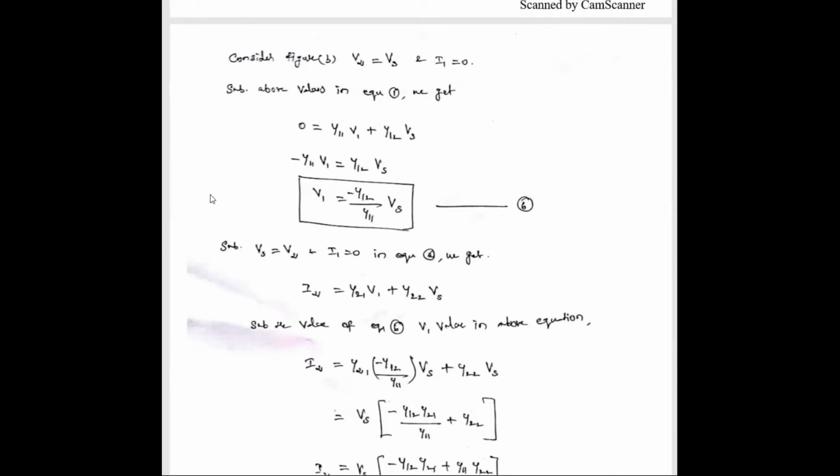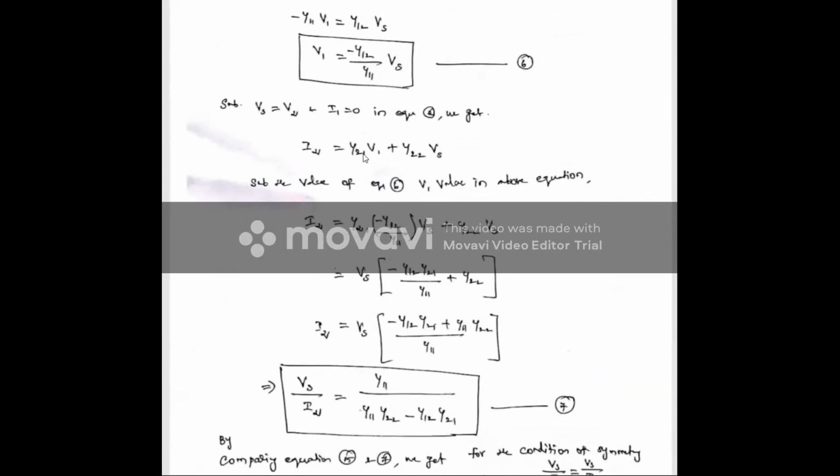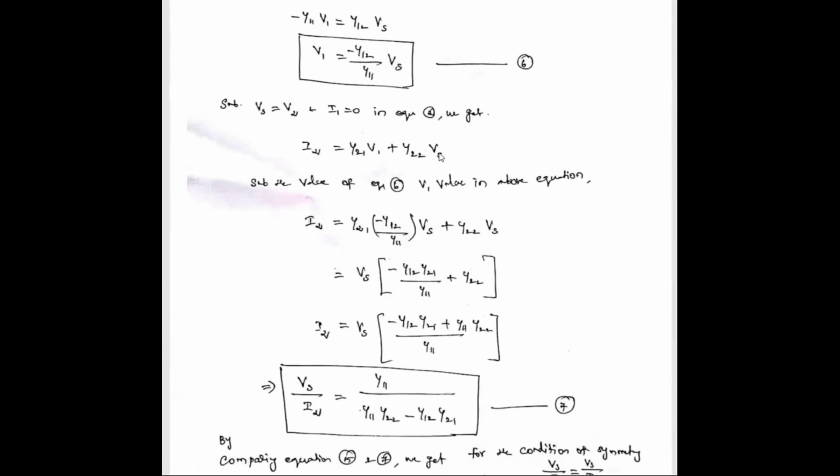So in this equation I2 is not there, so we have to substitute the same condition in equation number 2. Okay, so in equation number 2 we get I2 equal to y21 into v1 plus y22 into vs. Okay, so here vs is there, I2 is there, and an extra v1 variable is there, so we have to eliminate this v1 variable.